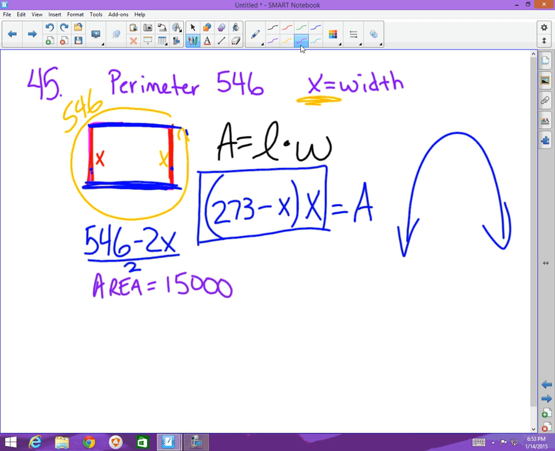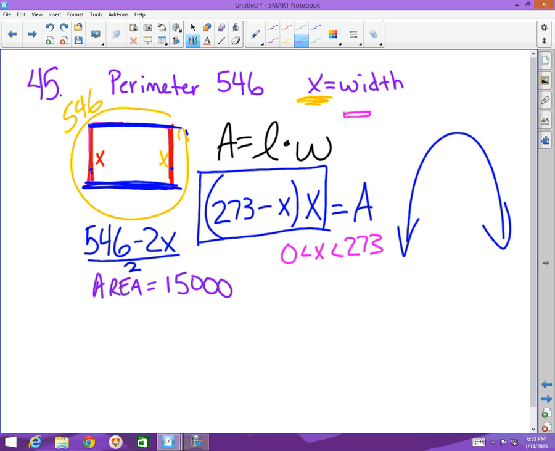So the domain is from 0 to 273. But it cannot equal either one of those. We can't put less than or equal to because it can't be exactly that. Otherwise, you have no rectangular piece of land. Now, if it was 272, well, then that's like a narrow thing. That would look like this. Of course, much bigger, but you get the idea.